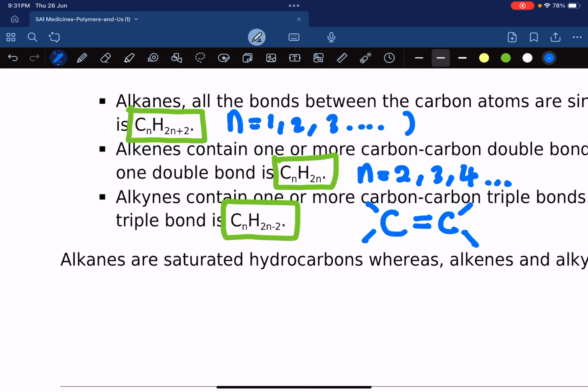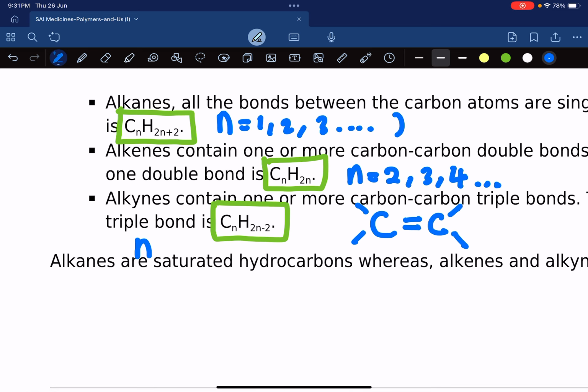Same thing goes with this one here. N must start with 2, 3, 4 and so on, because alkynes have a triple bond between carbon atoms. So alkanes have all single bonds, alkenes at least one double bond, alkynes at least one triple bond.